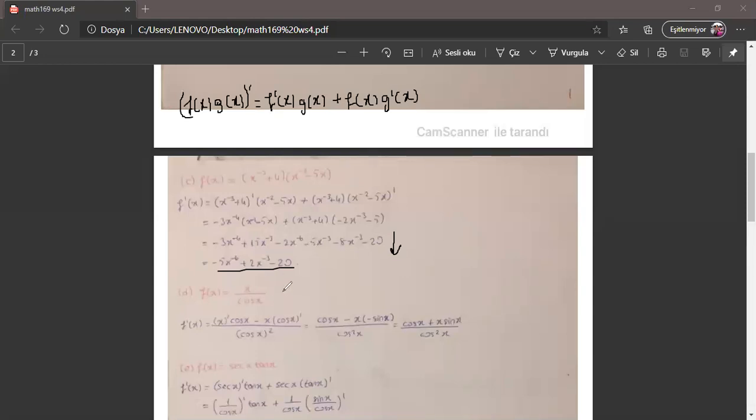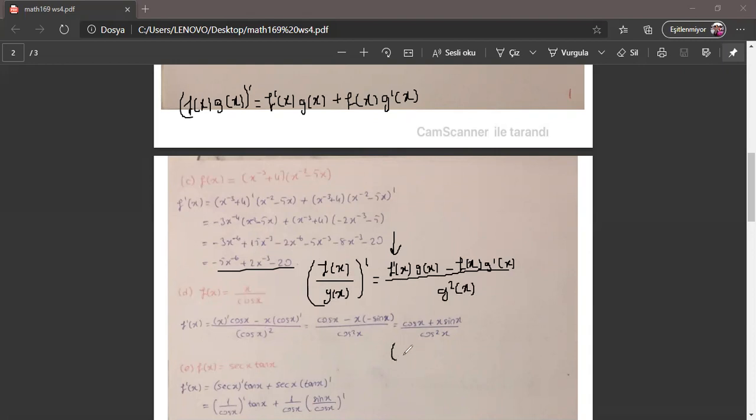What about quotient? So if you have some function like this, its derivative is this, f prime of x times g of x minus f of x times g prime of x, over g squared of x, okay?